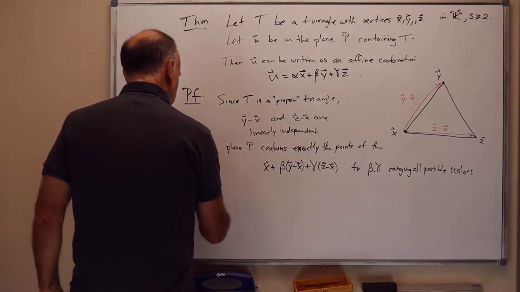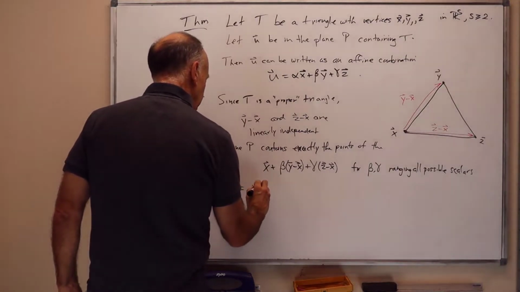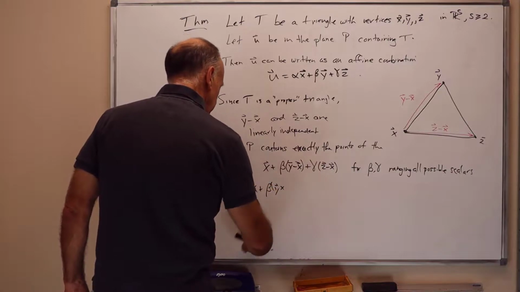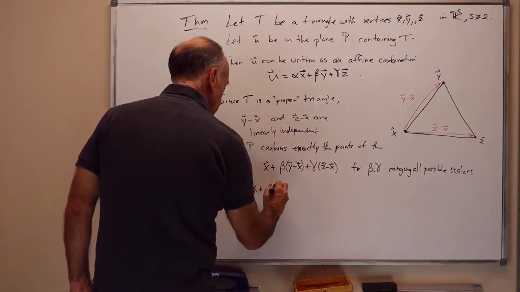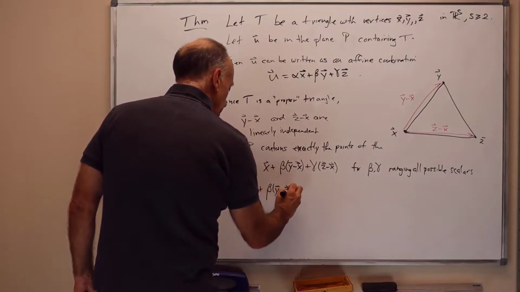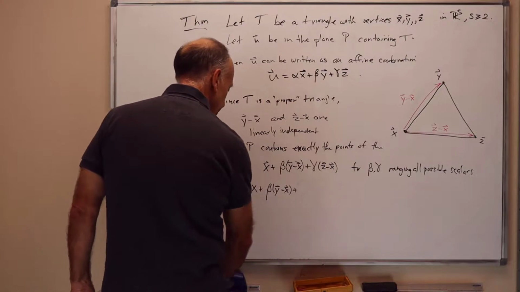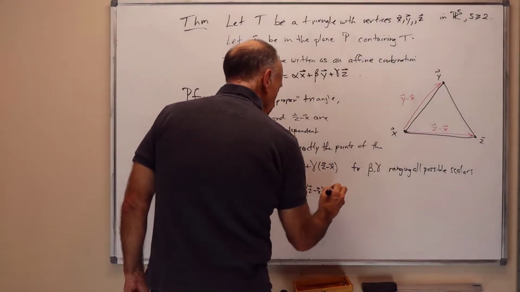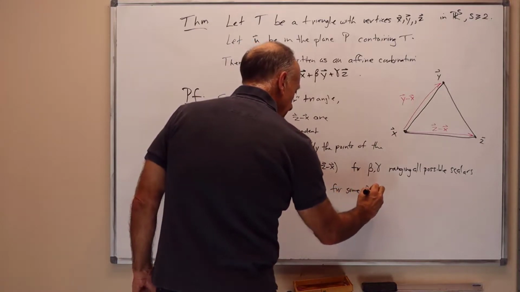Thus, U has the form U is equal to x plus beta y minus x plus gamma z minus x for some beta and gamma.